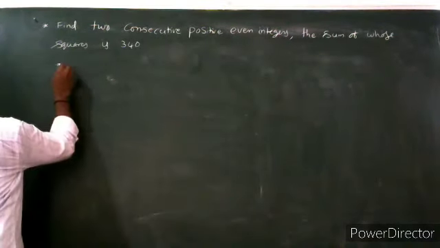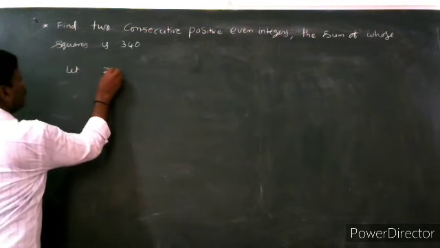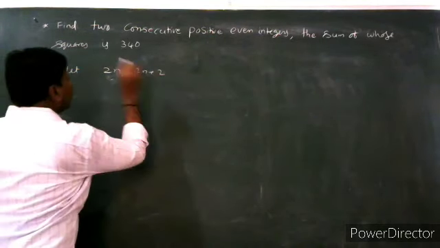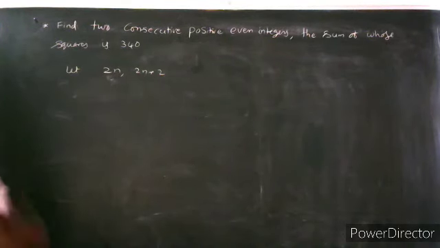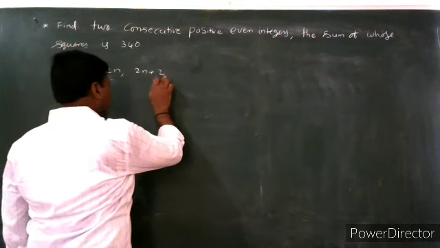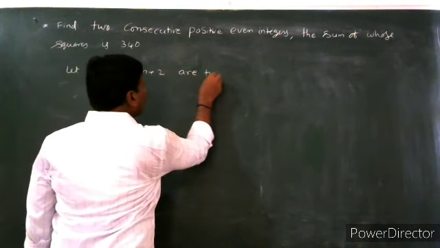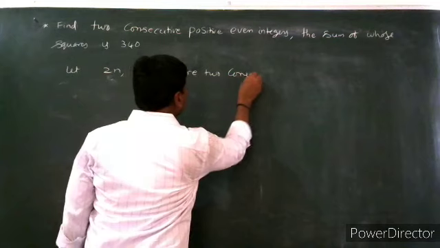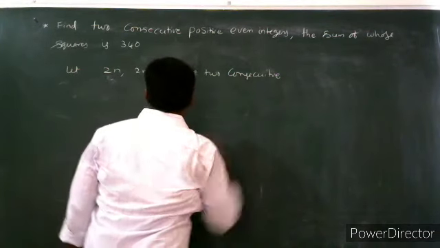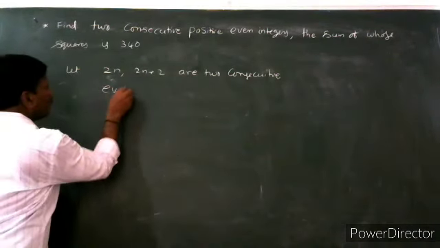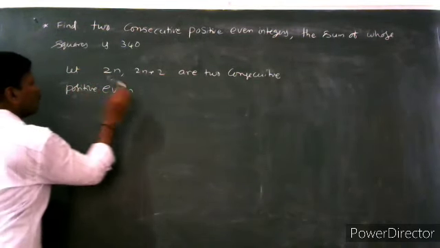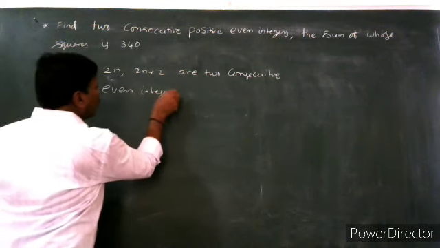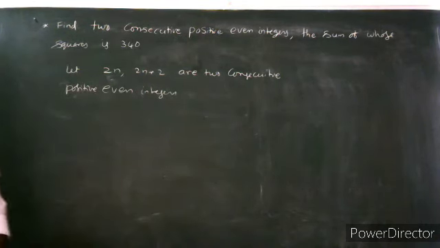Here let 2n, 2n + 2 be two consecutive positive even integers. 2n means it is a multiple of 2, so the value is even. What is given here?